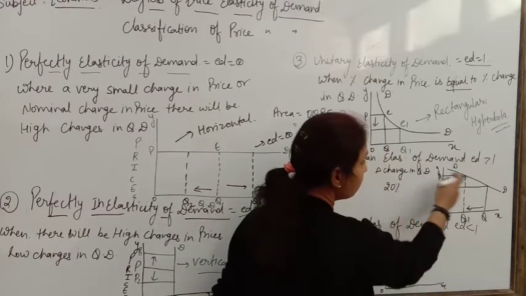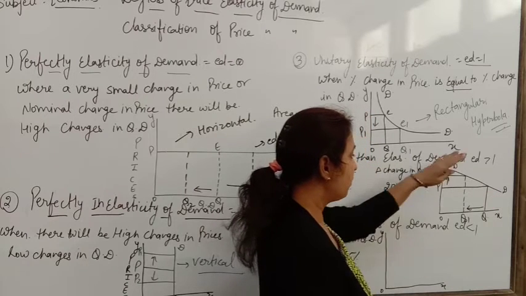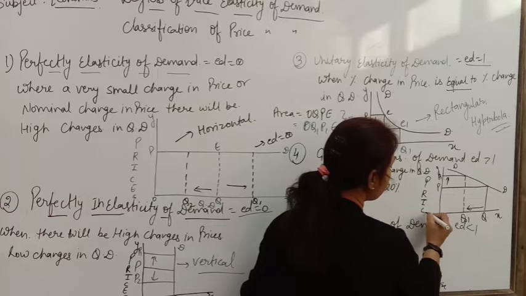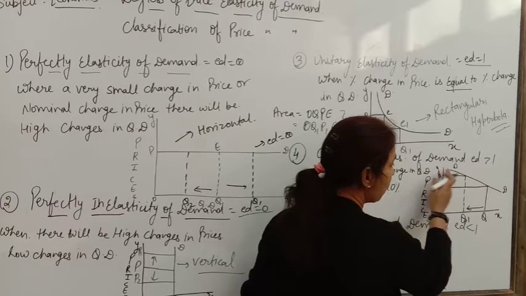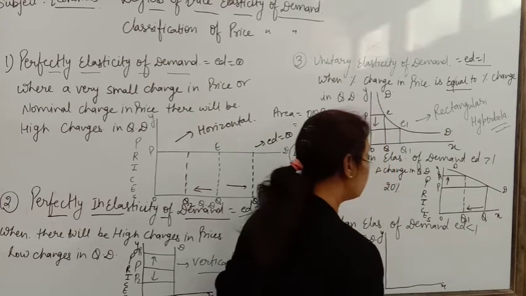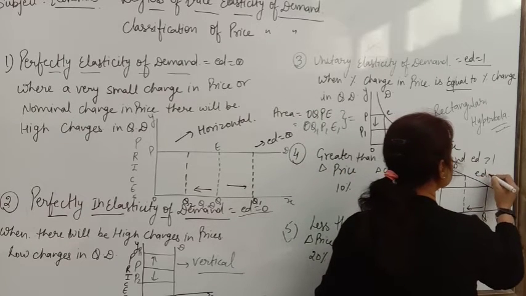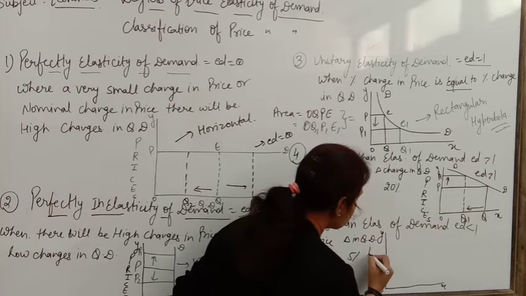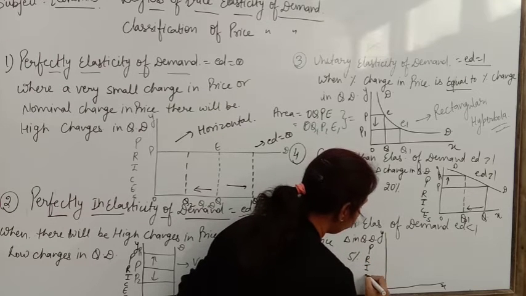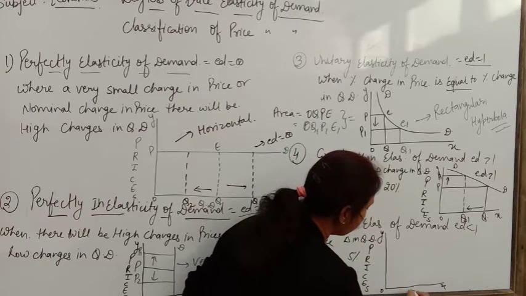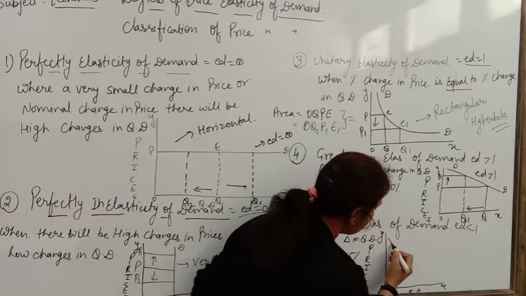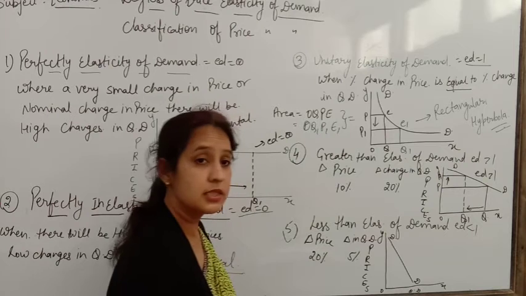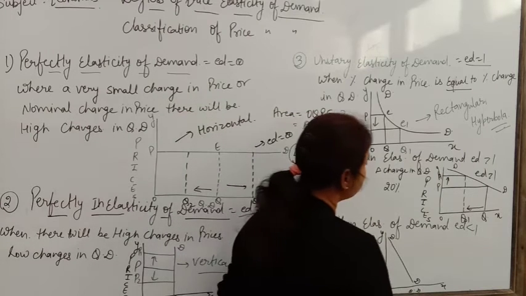The demand curve which is far away from the origin is known as the price axis. When the demand curve is far away from the origin, it shows ED is greater than 1. When it is nearer to the origin, it shows elasticity is less than 1.